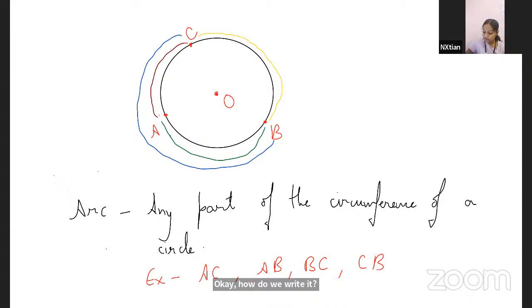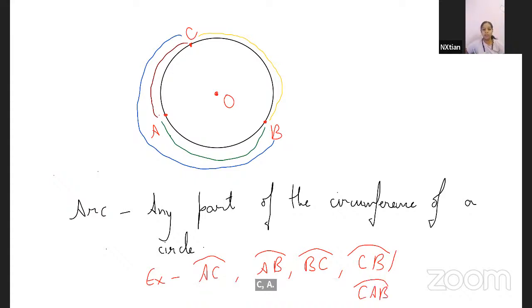We put this symbol. Arc CB, you can also write it as CAB, the arc in the blue. Like this you can write. So I hope what is an arc is clear to you.